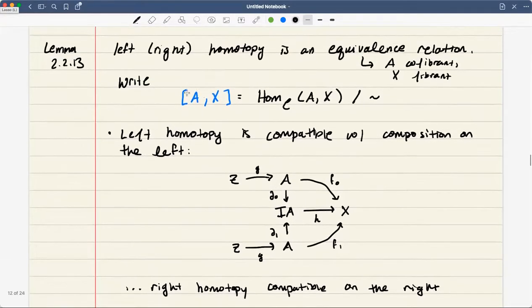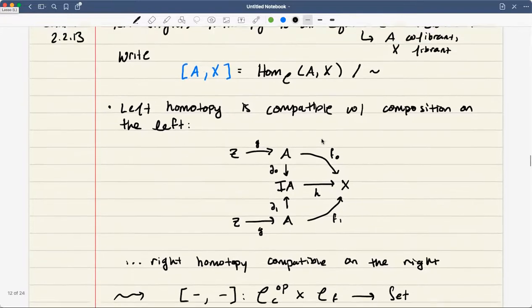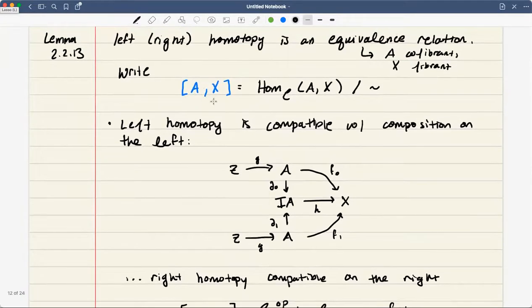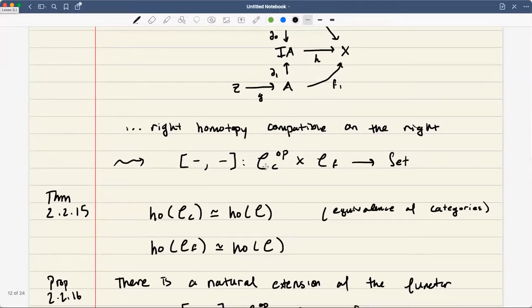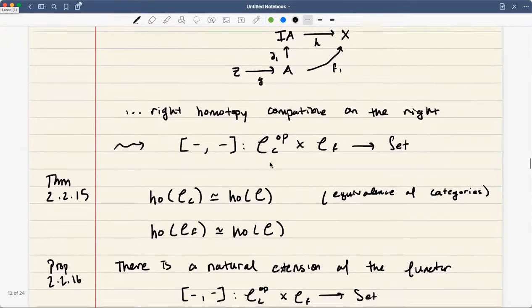And if you define this thing here that takes an object, another object, and takes their Hom sets, under this equivalence relation of left homotopy, you define this sort of bifunctor, kind of, you define this sort of functor.